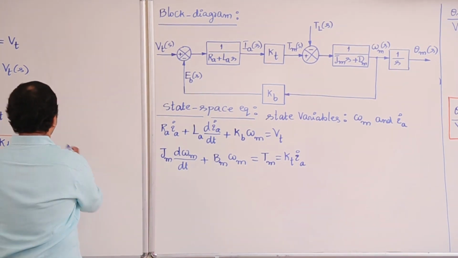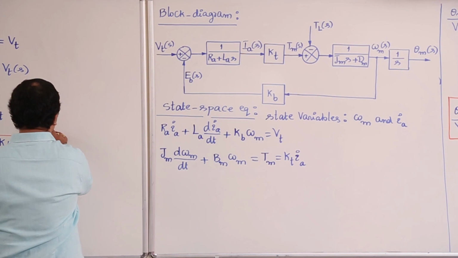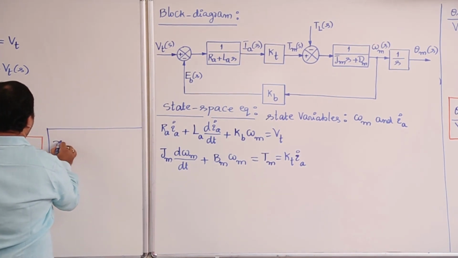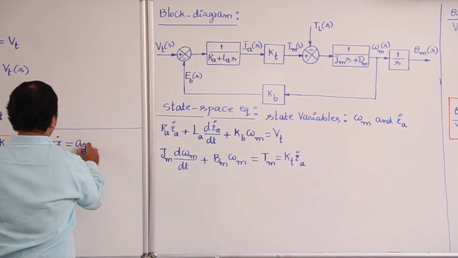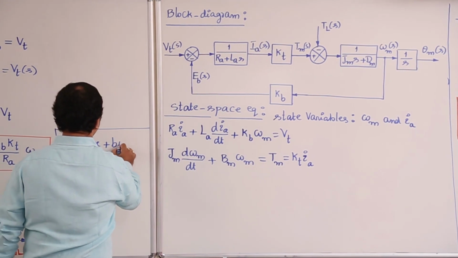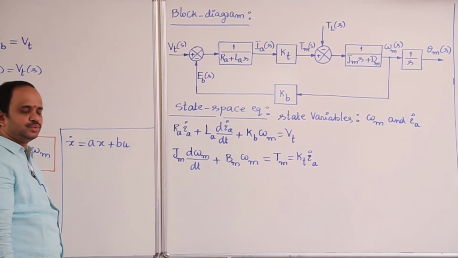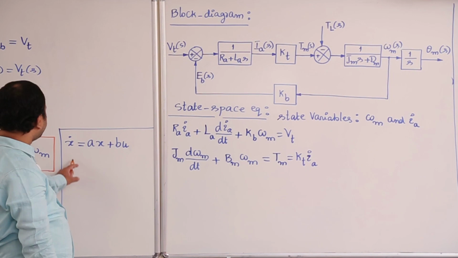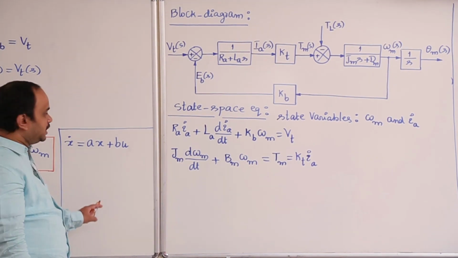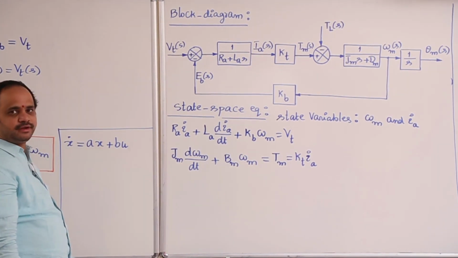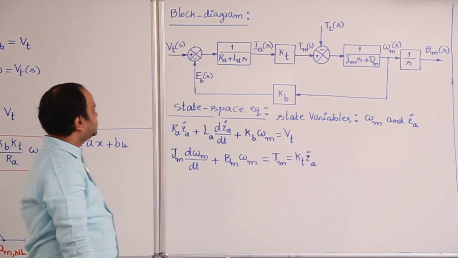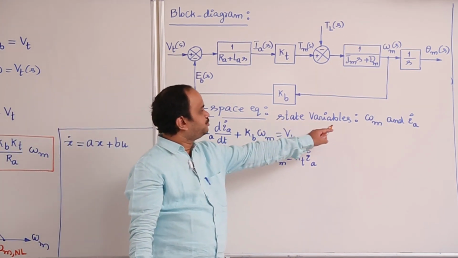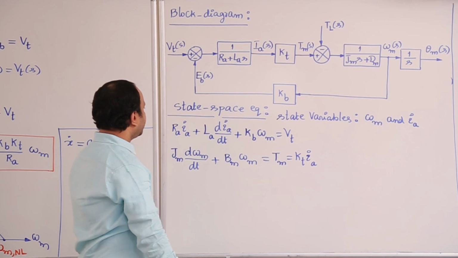Let me write the format of the state equation: x dot is equal to Ax plus Bu. That means the left hand side has the derivative term, and the right hand side has the state variable terms. So here the state variables are speed and armature current.